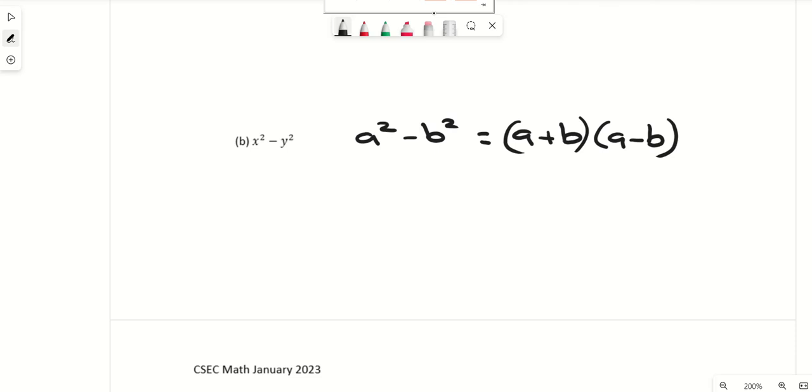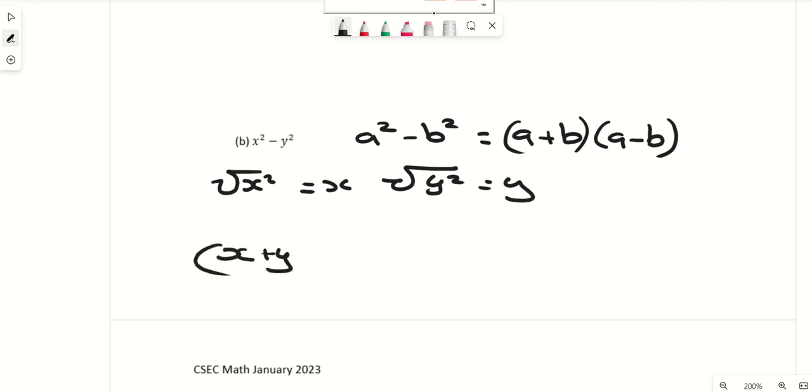So now let's look at this. We know the square root of x squared is x and the square root of y squared is y. So this would be equal to x plus y and x minus y, and this is your answer for this question right here.